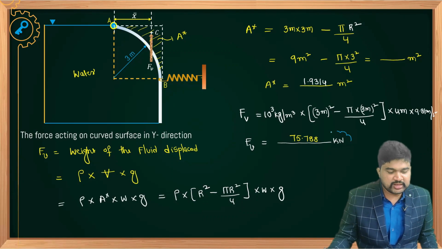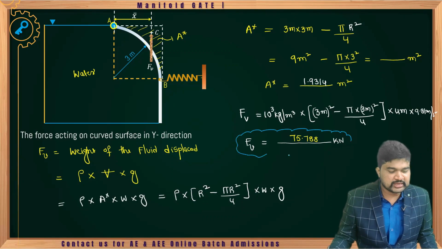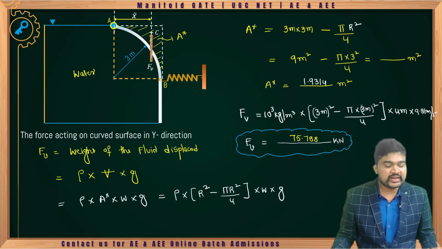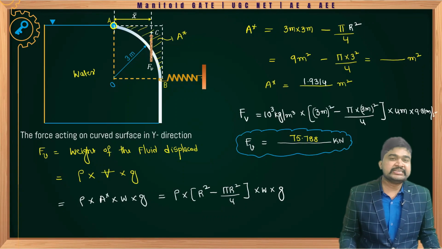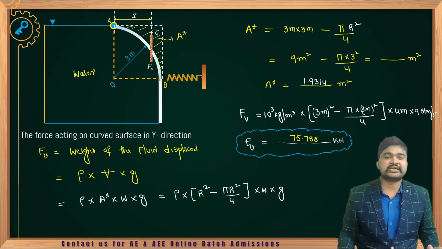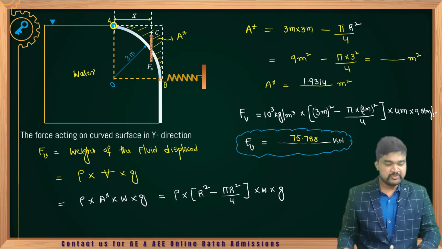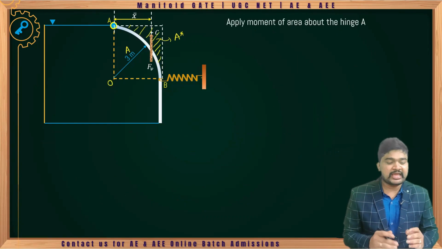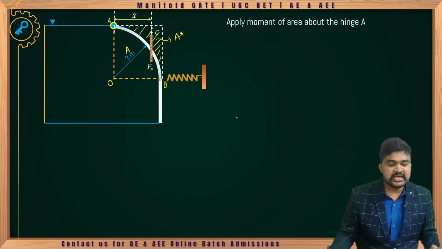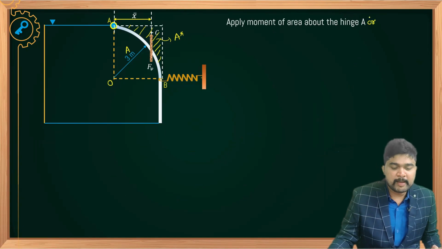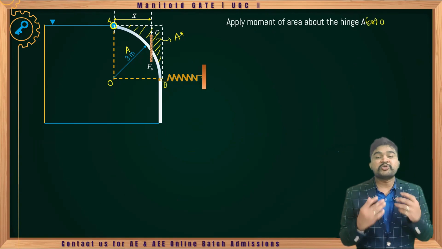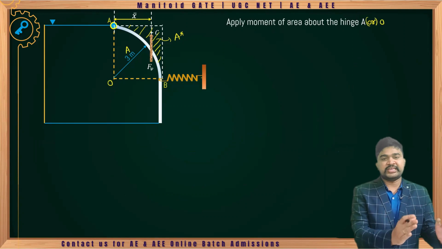Now, a very important topic here is how to locate the Fv. Okay, now we can determine the location of vertical force acting on the curved surface. For that, we need to apply moment of area about hinge A or O, that is up to you. Okay. So now how to apply moment of area?